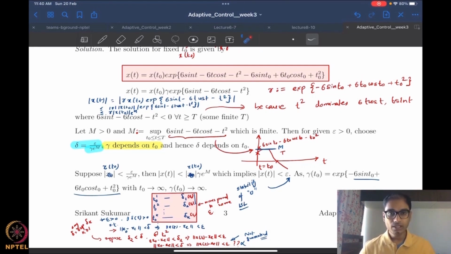And what we concluded, the highlight of last time, was that we are required to choose the smallest possible delta out of all the deltas that we get for different initial times. That is what we need to do in order to make delta independent of t0 and obtain uniform stability.